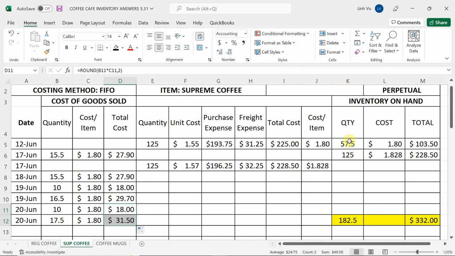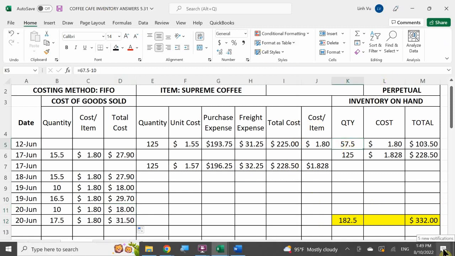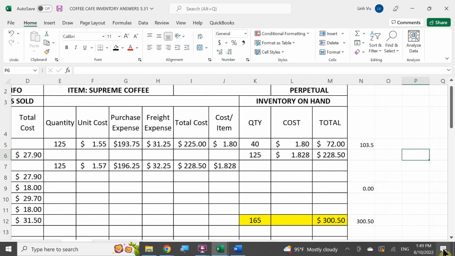If I had 57.5 and I just used 17.5, how much should I have left? You should have 40, right? So let's double check my answer here so I can confirm that this is true.